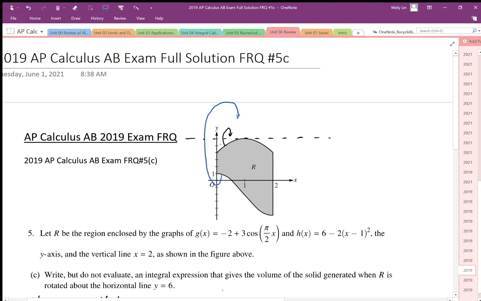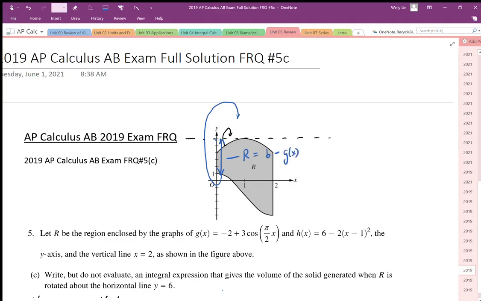So the radius of that big circle is going to be the distance from this line to this line here. Okay, and that is going to be our big radius, which is equal to 6 minus the bottom function, which is the cosine function, or g of x.